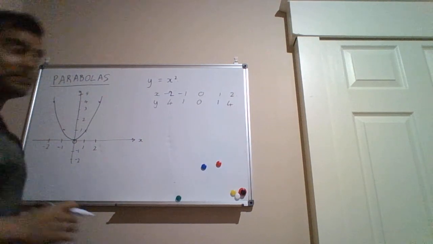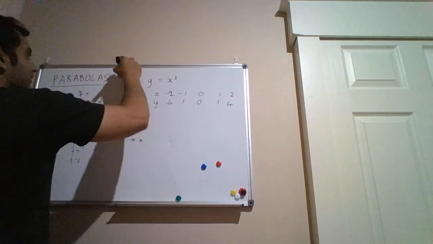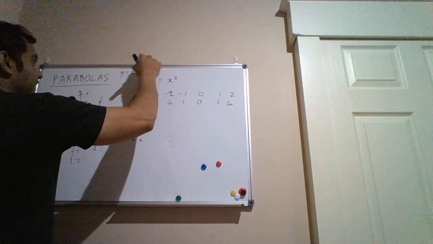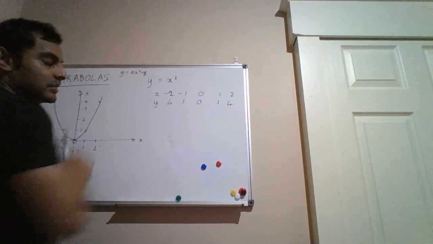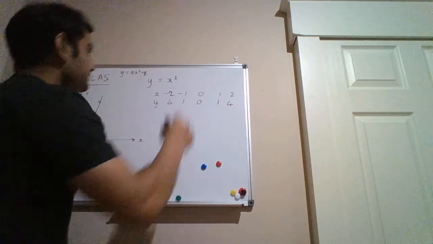Okay, the first parameter we're going to look at is q. So just to refresh, our general equation is y equals ax squared plus q. So we're going to keep a fixed at 1, and we're going to play around with the q parameter.